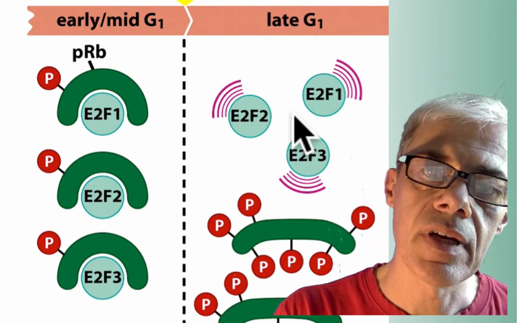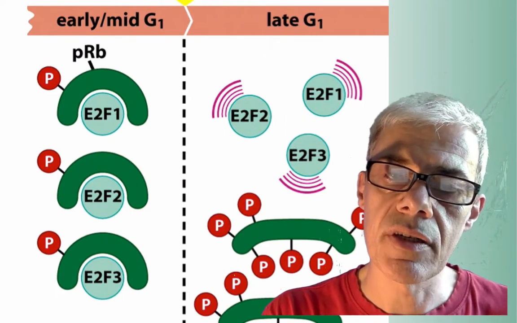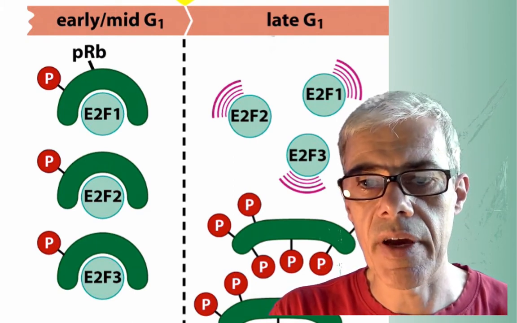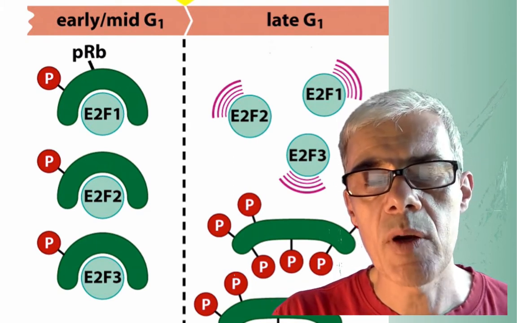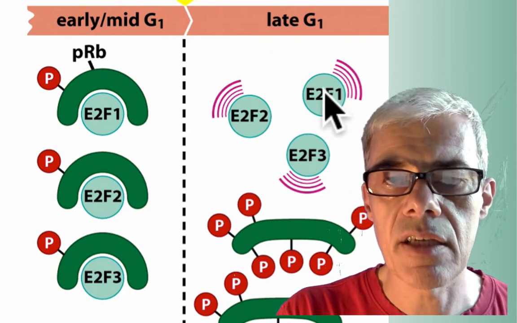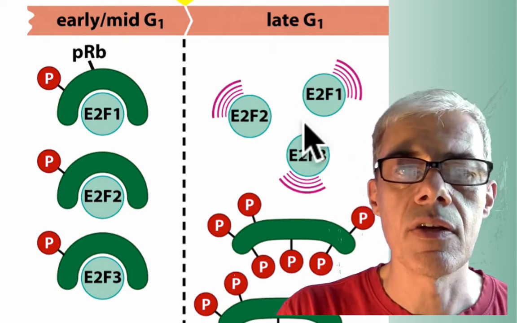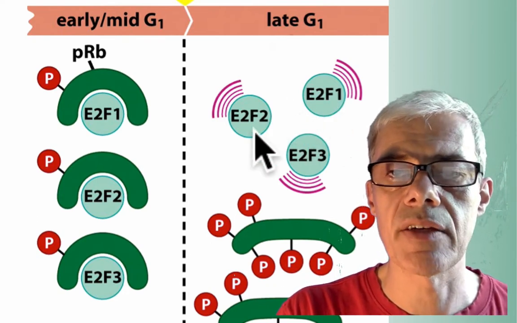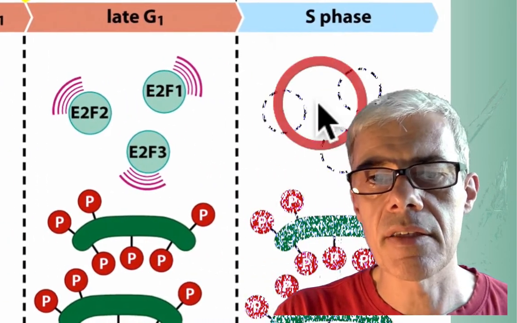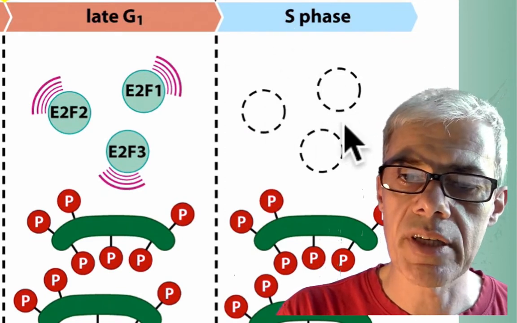And then these active transcription factors bind at the promoter region of genes to drive the DNA synthesis phase. The promoter regions of many genes involved in DNA synthesis and DNA metabolism contain binding sites for the E2F transcription factor. Then at some later stage in S phase, the E2F proteins are sequestered or broken down.